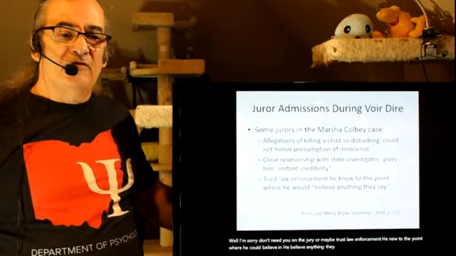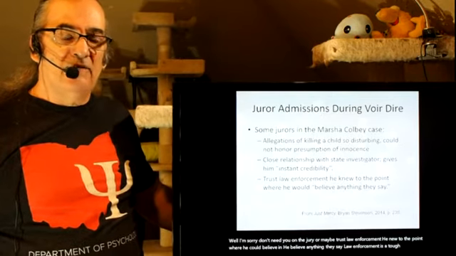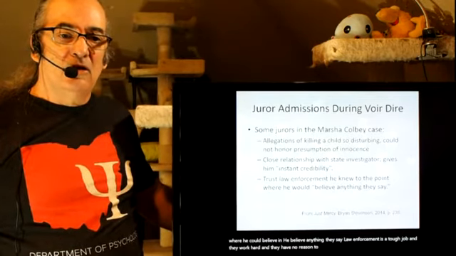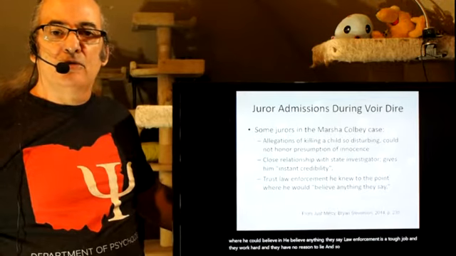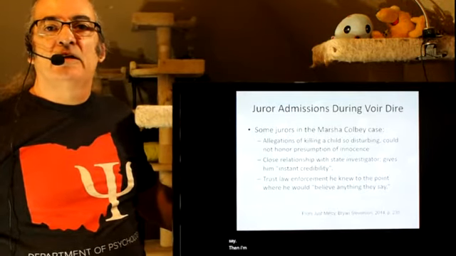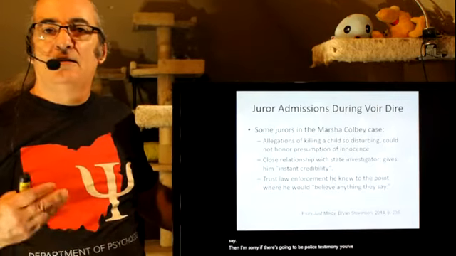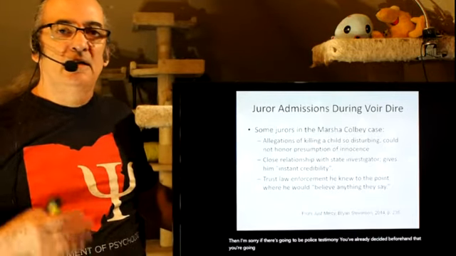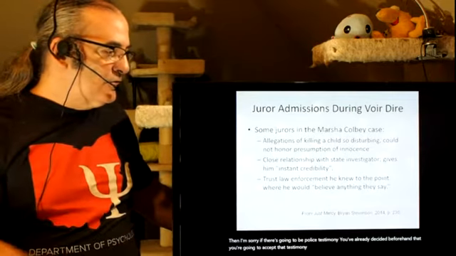Law enforcement has a tough job, they work hard, they have no reason to lie, so I just invariably trust what the police say. Well, then I'm sorry. If there's going to be police testimony and you've already decided beforehand that you're going to accept that testimony, then get off our jury.